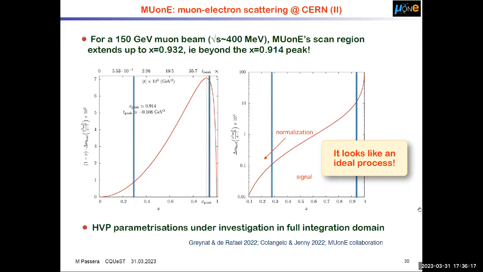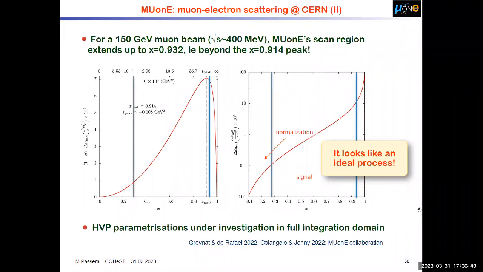There is another blue line here because we also need a normalization. It's unthinkable to do such a precision measurement as an absolute differential cross-section. What we can do is a ratio of cross-sections, which helps dramatically in dealing with the uncertainties, both theoretical and experimental. The normalization region is really crucial.